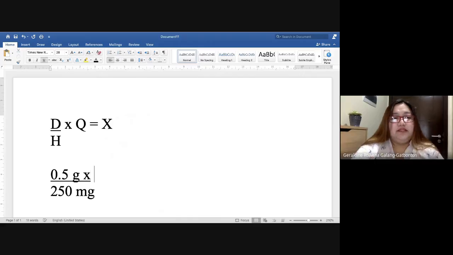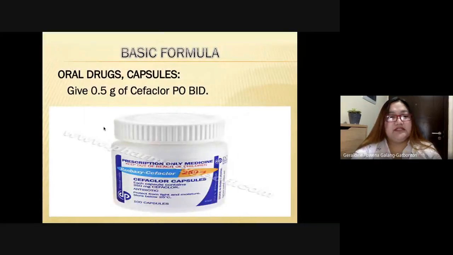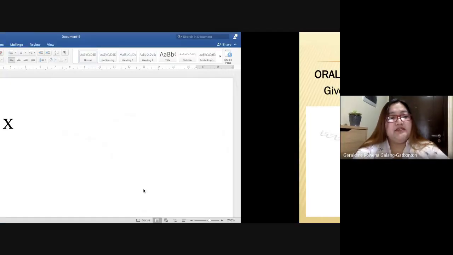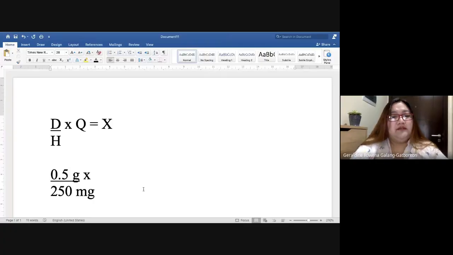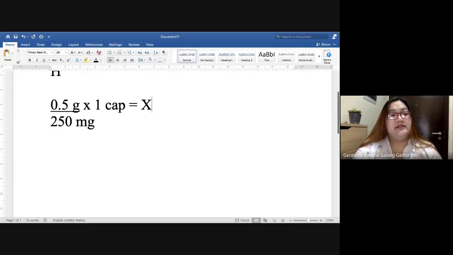Your quantity, okay, is each capsule. So which means, ang isang capsule, 250 milligrams. So ang ilalagay natin dito sa Q is 1 cap equals your X.